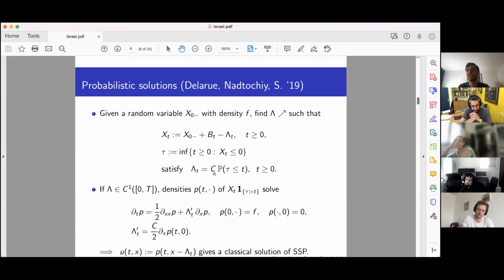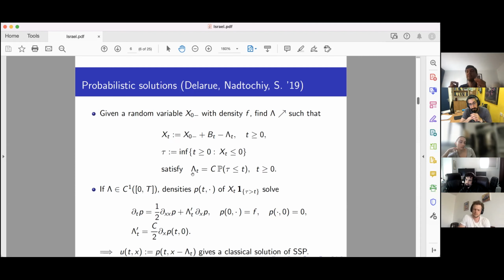So in other words, you can think of it as a fixed point problem. I'm starting with some candidate capital lambda. This gives me the process x and its first hitting time tau. And then I'm checking if the CDF of this first hitting time coincides with the lambda I started from.